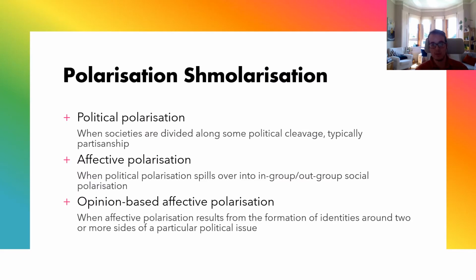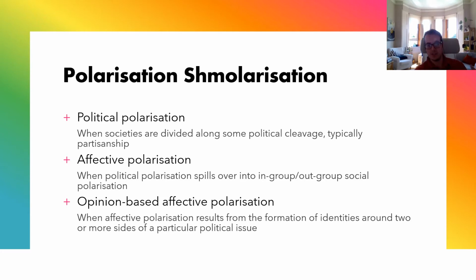Just very briefly, we'll introduce what polarisation is. Classical political polarisation is when societies are divided along some political cleavage, and this is typically understood to be partisanship. The classic example is the United States, a two-party system where people are very divided. There's not much middle ground, and that's where the name comes from. Affective polarisation is when this political divide spills over into in-group and out-group social dynamics.